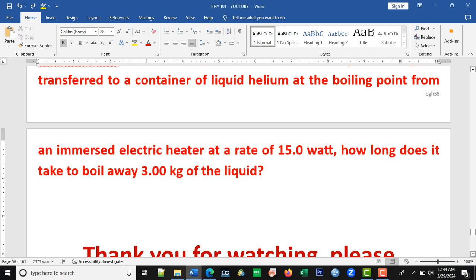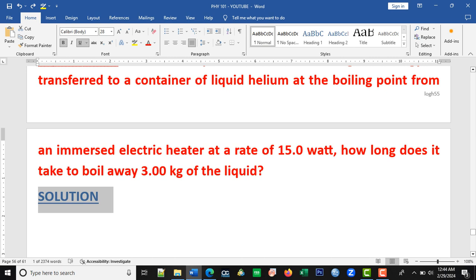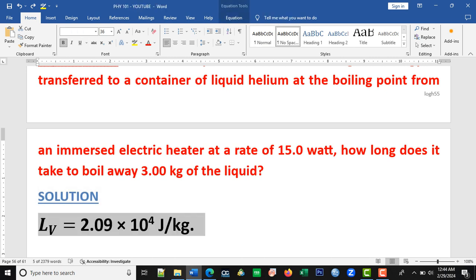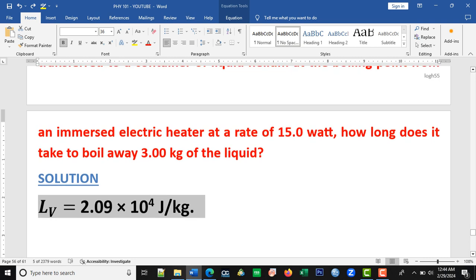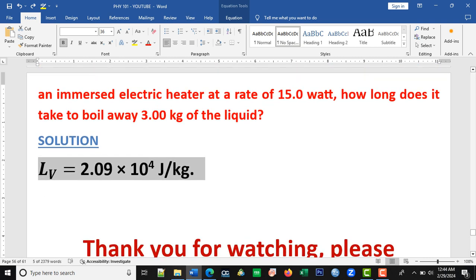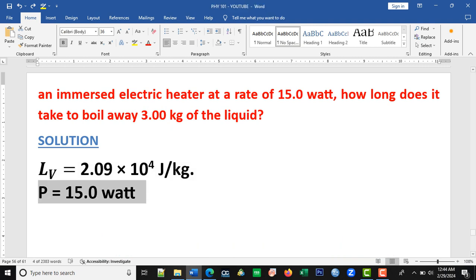Okay, let's go down and look for a suitable expression which we are going to use. But before that, we have to highlight or put down the quantities, and from there we are going to decide on the expression we are going to use.